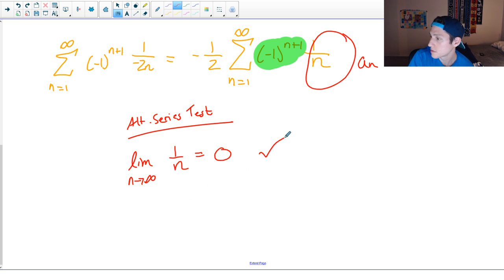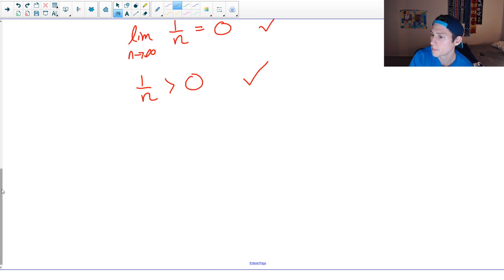That obviously is 0, so that's my first check. My second check is, will an be positive, greater than 0? Yeah. N is always going to be a positive number that I'm plugging in. So even though this fraction will be very small, it'll still always be a positive number. So yep, we're good there.